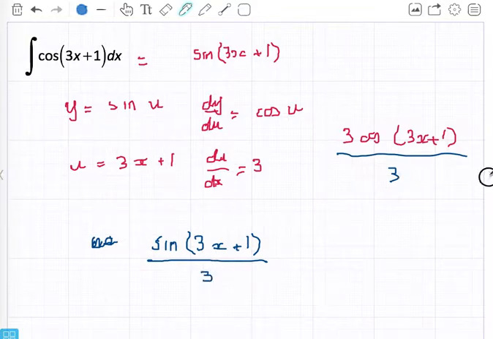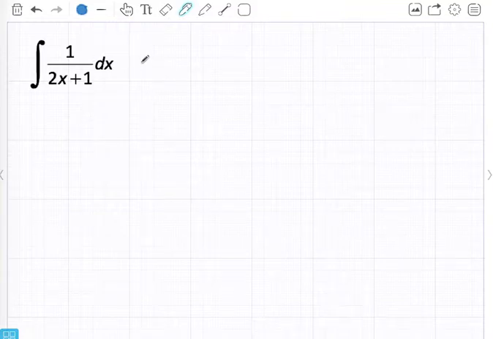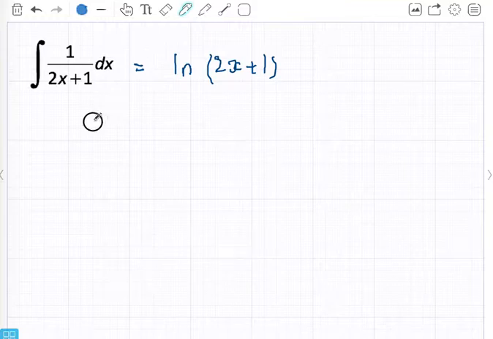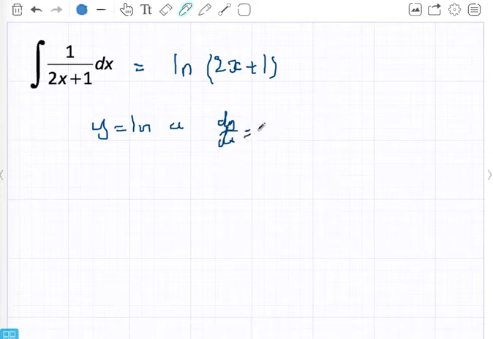Now I'm going to do these next ones a little bit quicker. If I look at this one, I know that it's going to come out as log of 2x plus 1. And if I think about this very quickly, I've got y equals log u, dy by du is 1 over u, u is 2x plus 1, and you can probably see what's happening.